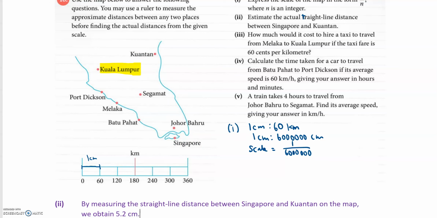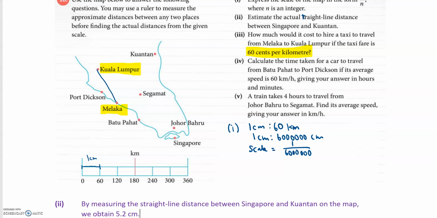I will first find the distance between these two. Again, using your ruler, draw the 2 points up and calculate the distance in kilometers. Then each kilometer is 60 cents. That should help you find the cost of hiring a taxi.